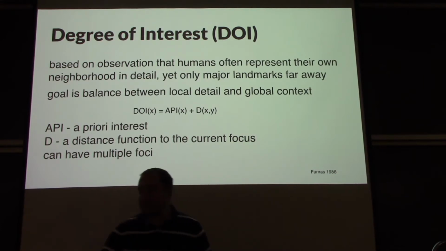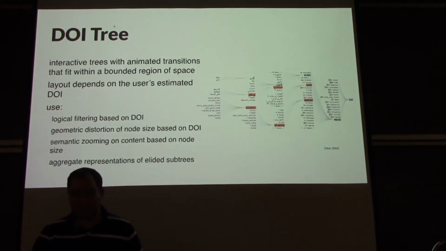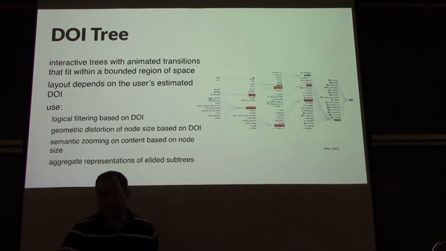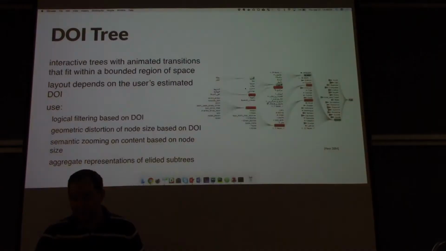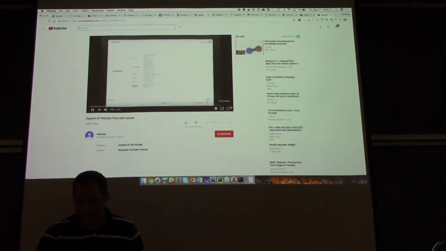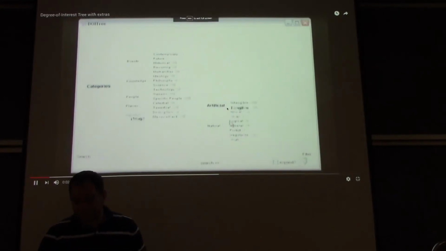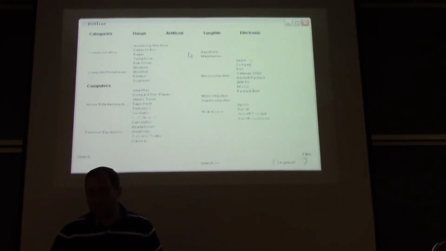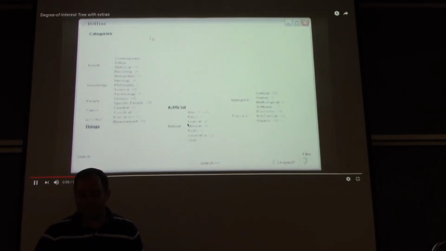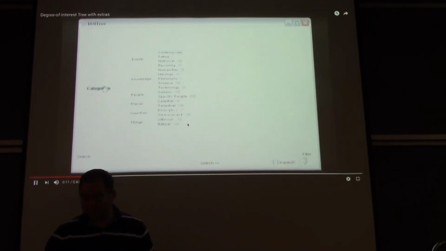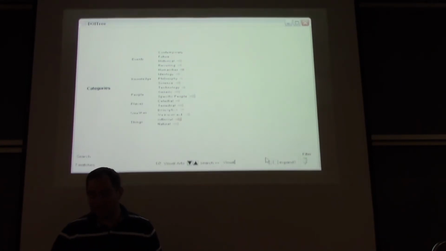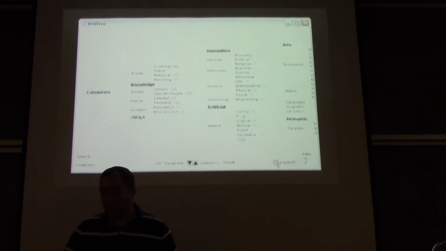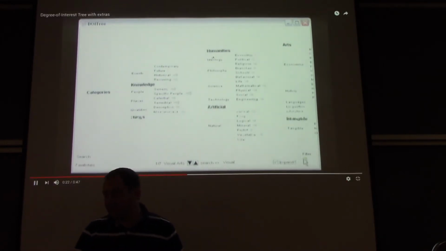The classical application that people use it for in visualization is degree of interest trees, when you have hierarchical data. Here is an example where you can see that main elements along the tree always remain visible, and important categories and subcategories remain visible, but as soon as I go deeper, I see more information about these sub-trees.